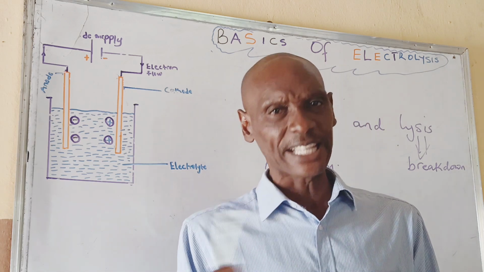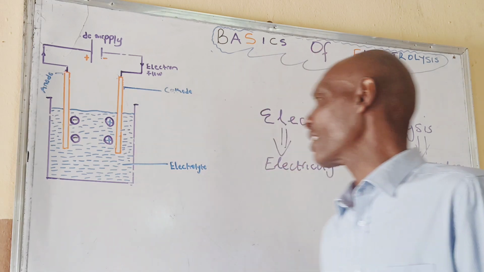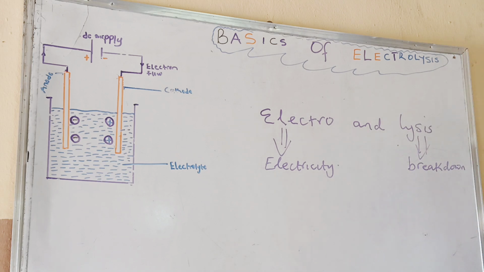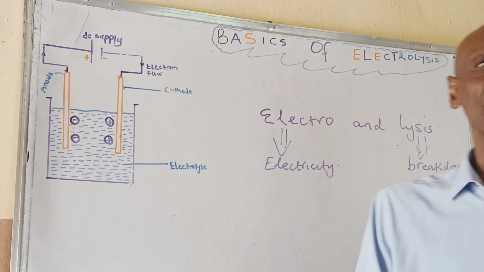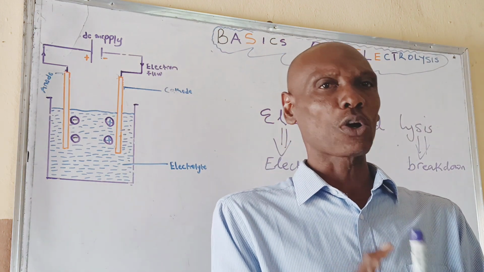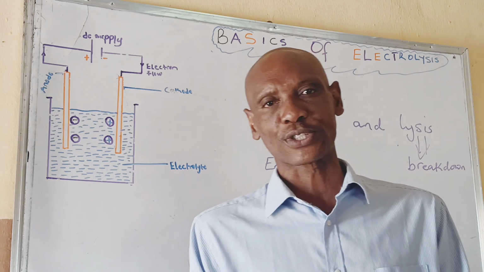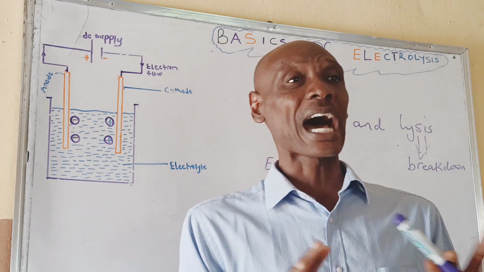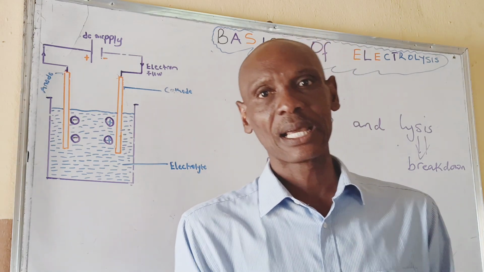The essential difference is that in the solid form, the positive and the negative ions are not free. They are locked together by a strong force of attraction. In other words, the ions are not mobile.